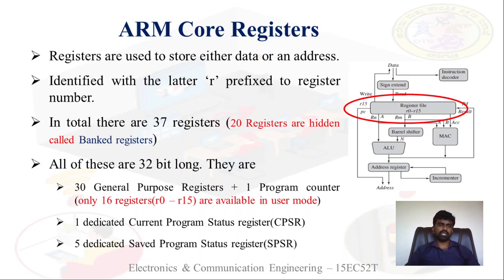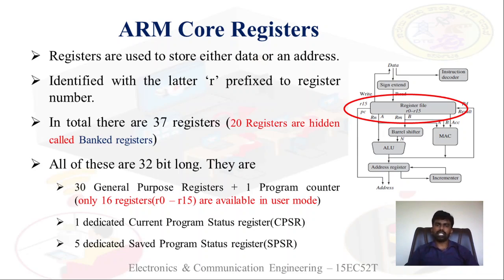So in the ARM processor, totally there are 37 registers available. Out of these 37 registers, 20 registers are hidden registers. These registers are called banked registers.